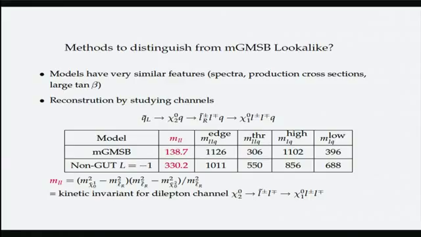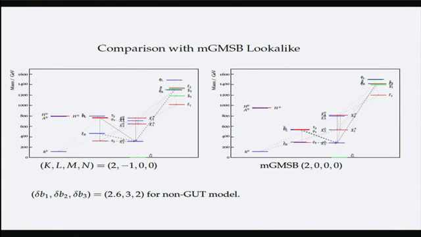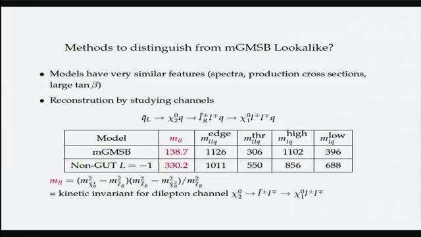You can look at this combination of masses. Here you have the neutralino 1 and neutralino 2, so essentially you're measuring what the difference of these masses is. And looking at this kinematic edge for a minimal gauge mediation model with GUT multiplet messengers versus this non-GUT model, these are really distinct values for this kinematic edge.